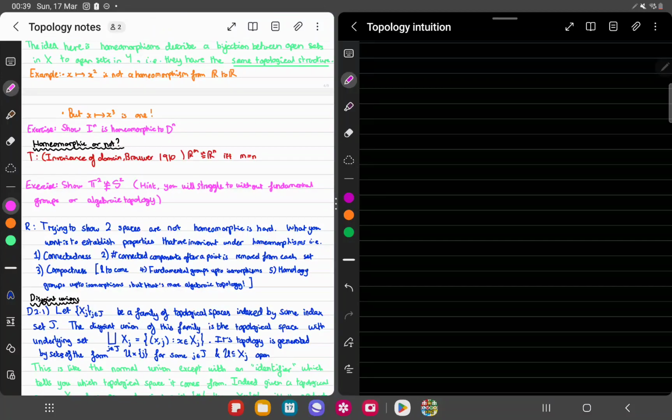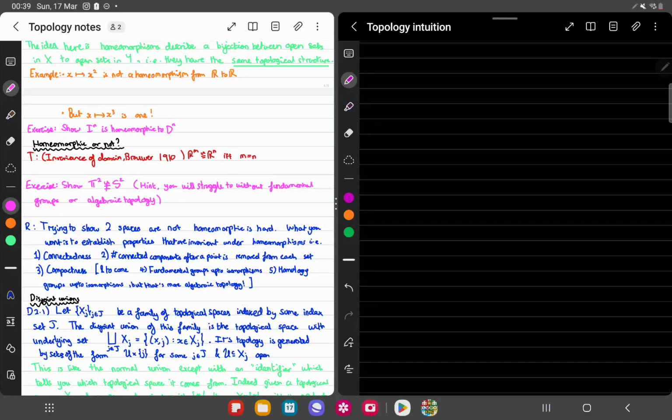Okay, so x to x squared is not a homeomorphism from R to R because it's not a bijection, but the function below, which is the cube of a real number, is obviously a homeomorphism because it's continuous, it's got an inverse function, so it's a bijection, and the inverse function is just the cube root of x, which is obviously continuous.